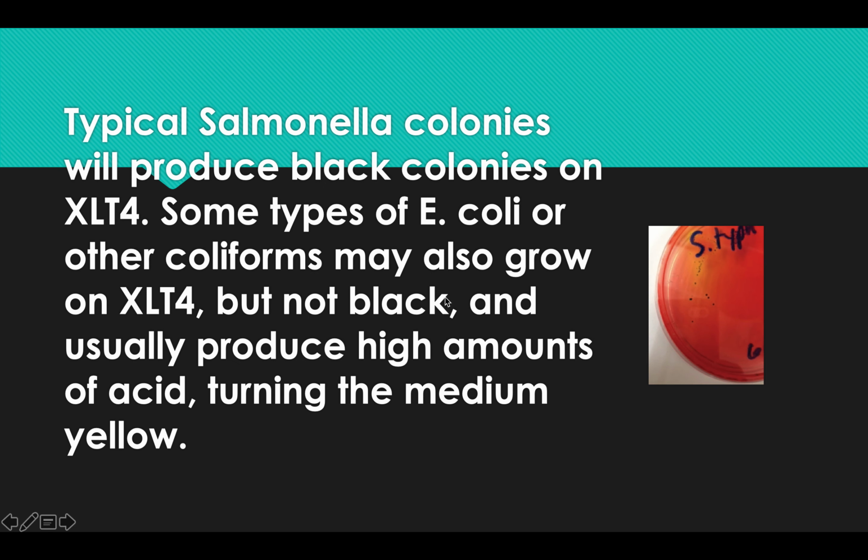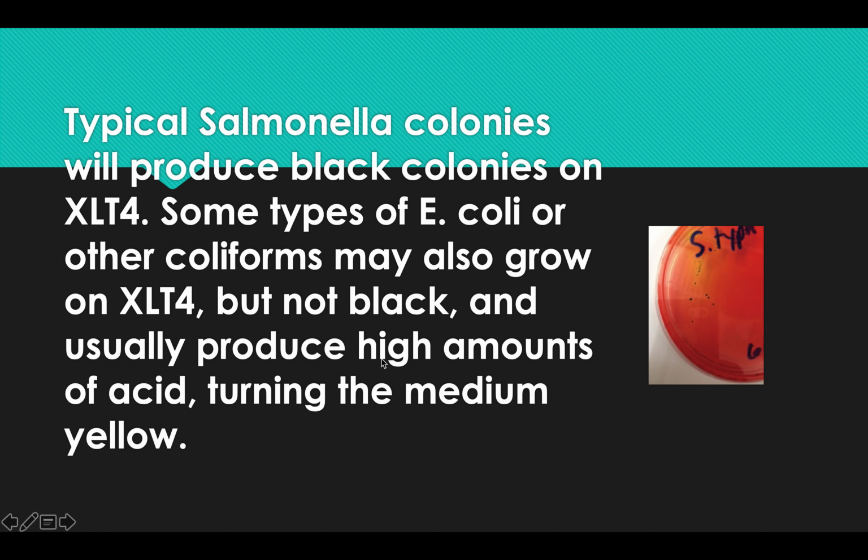So, here are some black colonies indicating iron fermentation. Typical Salmonella colonies will produce black colonies on XLT4. Some types of Escherichia coli or other coliforms may also grow on XLT4 medium, but not give black colonies.